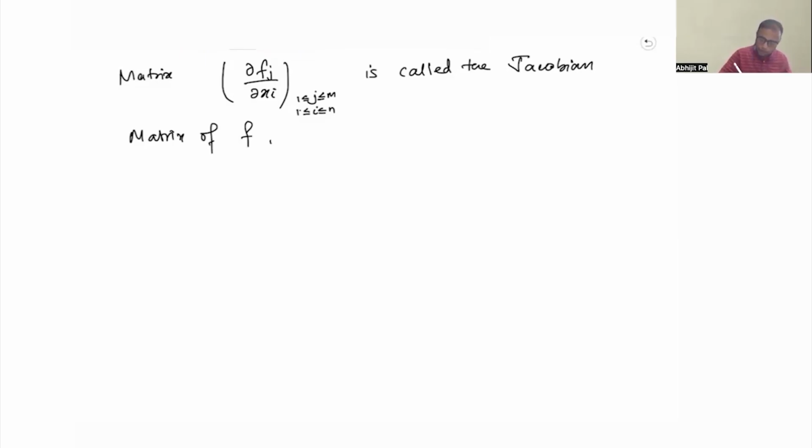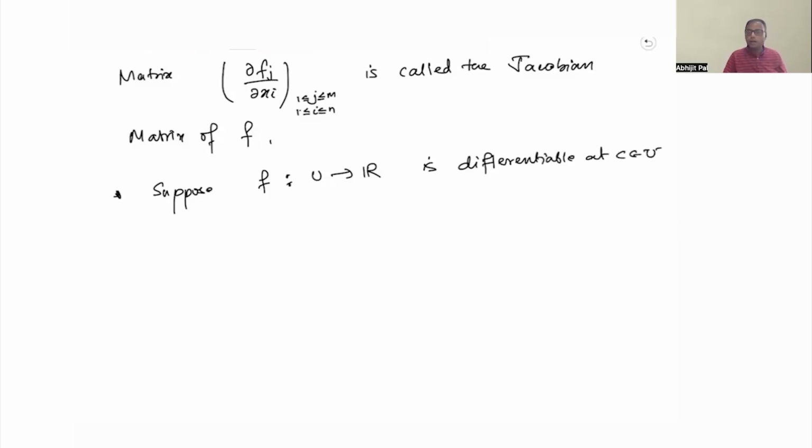Now suppose f is a real valued function, so f is a function from U to R, and it is differentiable at c belonging to U. Let me state this: a function f is differentiable on an open set if it is differentiable at every point of that open set.